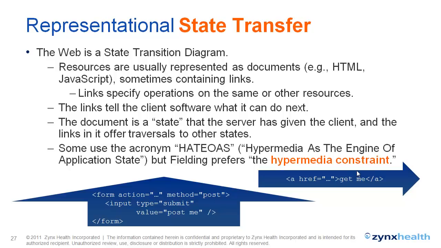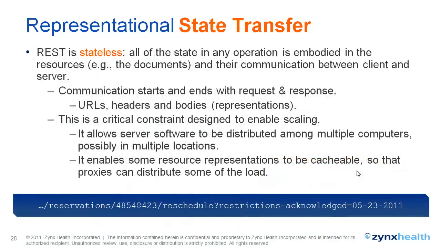In fact, you can look soon on my blog for a fascinating article, or series of articles, about how RESTful web services in general don't need to follow the hypermedia constraint religiously. But they do need to be stateless, and as we've discussed.